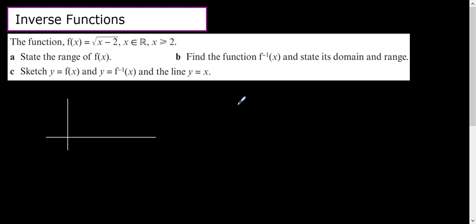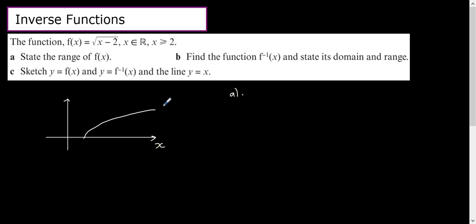So if we look at part A, we're going to state the range of f of x. Now, if we were to sketch the graph of square root of x minus 2, which is what we do whenever we're trying to find a domain or a range and we're unsure about this, we can have a look. It's like this.